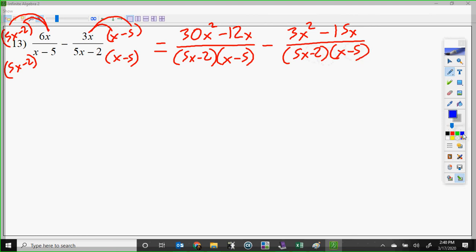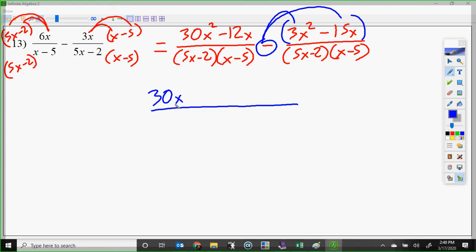I have a common denominator, so I can combine into one fraction. Now, I need to be careful that that negative gets distributed to both of these when I combine. So what I'm going to do is just list my terms out across the top. 30x squared minus 12x, and I'm going to distribute that negative. So negative 3x squared plus 15x.